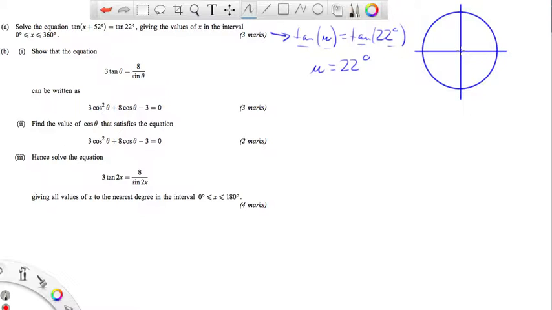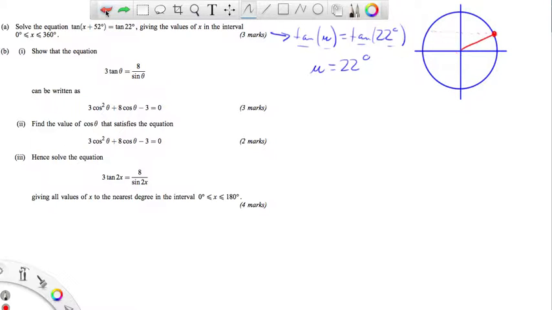So if I have an angle and it's a sine angle, and let's say it's there, that means that y is equal to here. So where is the y value? Where is the sine going to be the same angle? Right here. And that's 180 degrees minus the same angle, because that will give me the same place.